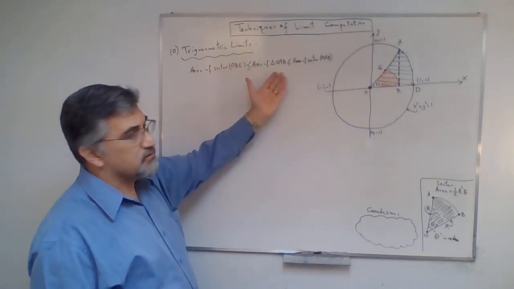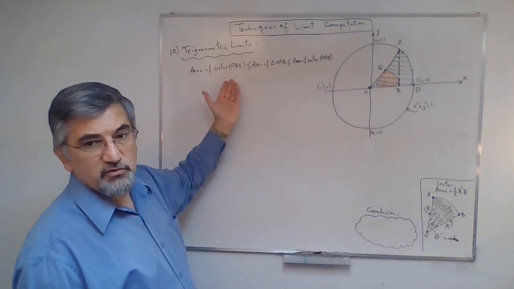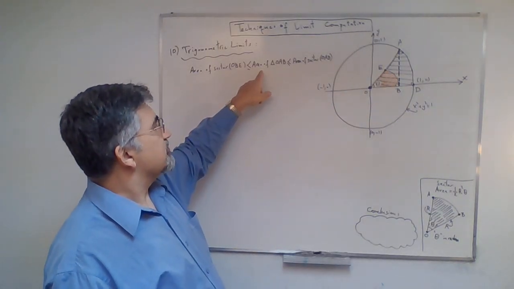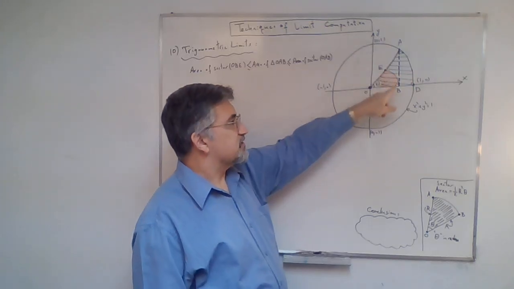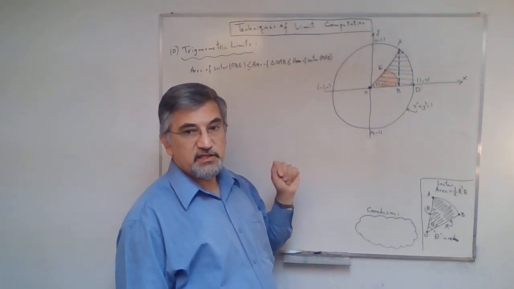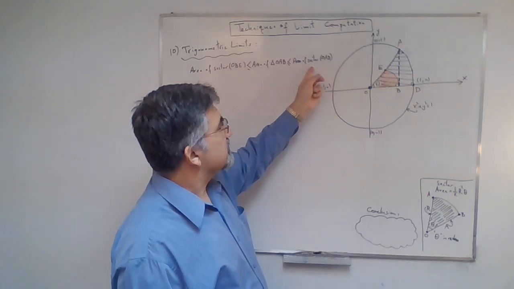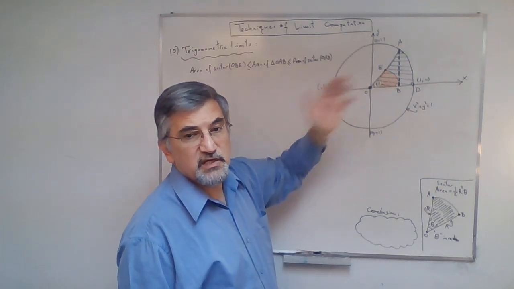Now, it's not a secret that the area of the sector OBE, which is this small slice of pizza, is less than or equal to the area of triangle OAB, which obviously is larger. And then it's less than or equal to the area of the sector OAD, which is the biggest slice of pizza we have here, the biggest sector.